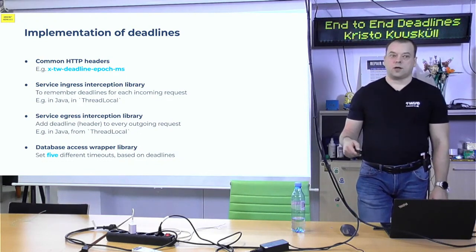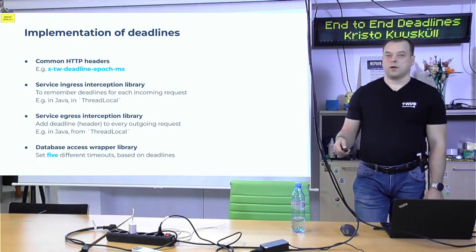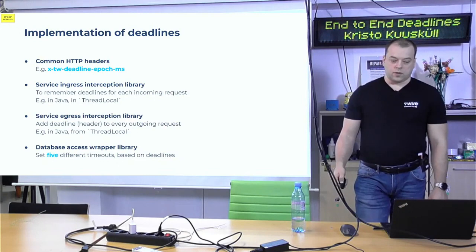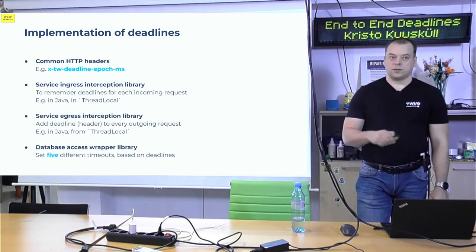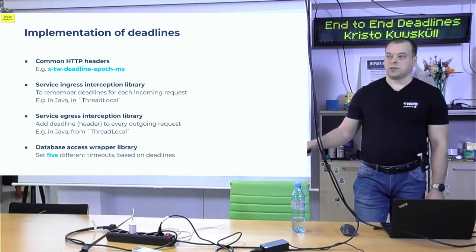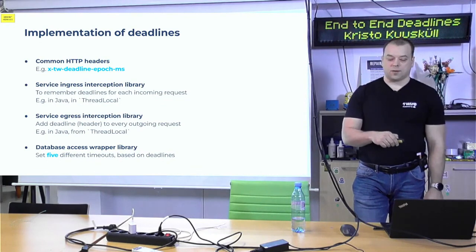This request context can be, for example in Java, a thread local, or in Node.js, some kind of context for that request. The reason we do it is that we need to propagate this deadline. For this request, every service call which goes out from that service needs to get the same deadline that we saved in the request context.